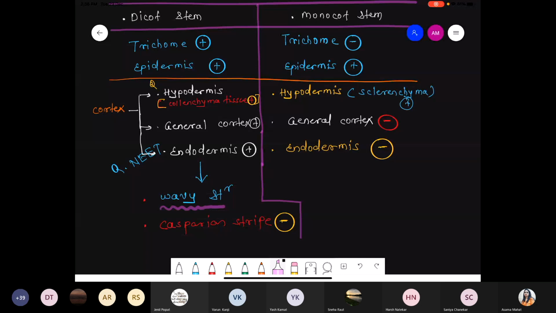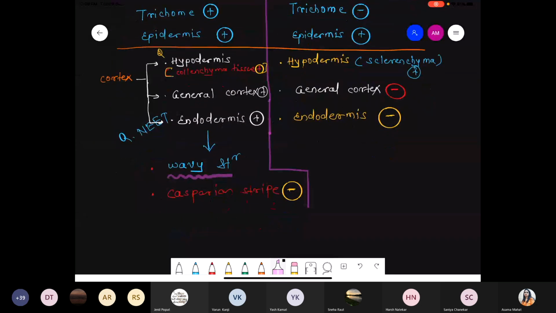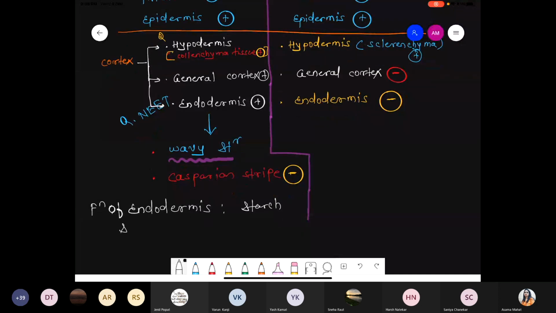So now we have to look at the function also. What is the function? In this condition, we are talking about the function of the endodermis. Because Casparian strips are absent, it has a different function. And the major function is starch storage.